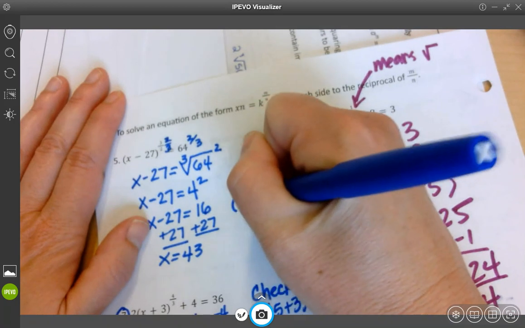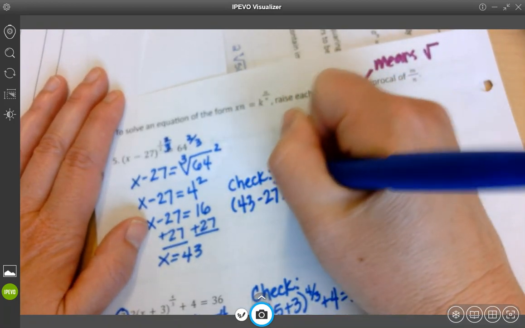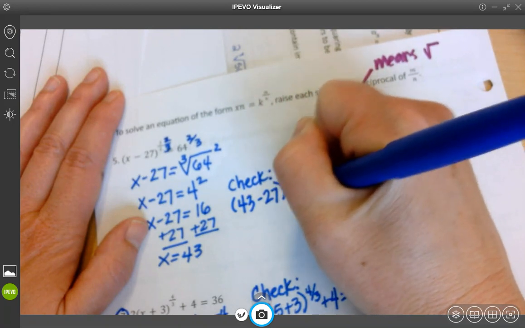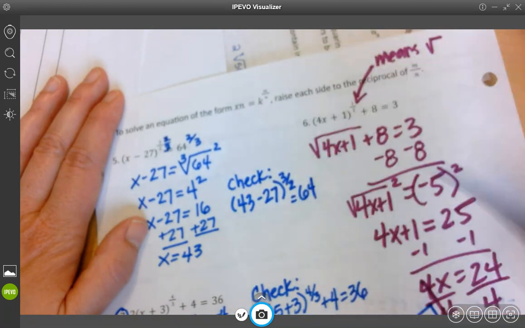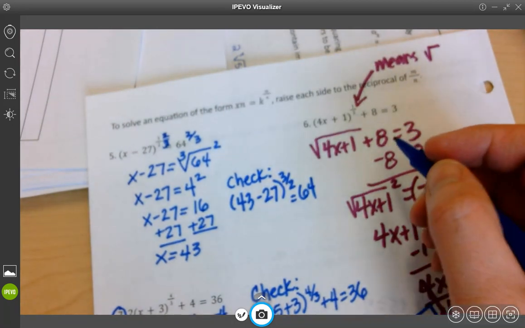It is important to check it, or you can do it with the steps. Did anybody check it with steps, or did you all just do Desmos? Did anybody check it showing steps? You did? Okay. So you can use Desmos, that's fine.